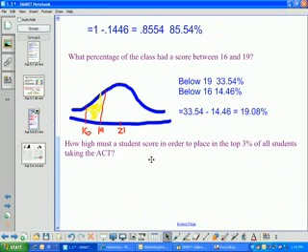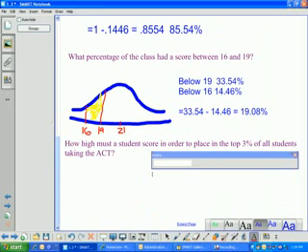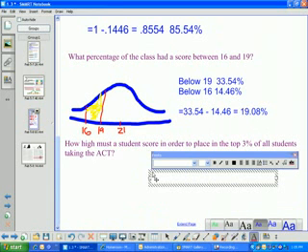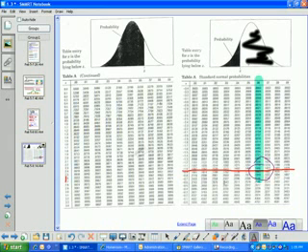Note the z-tables are equal, so what's on one side, this lower end and the upper end are the same. So we know that 3% is 0.03 in decimal form.